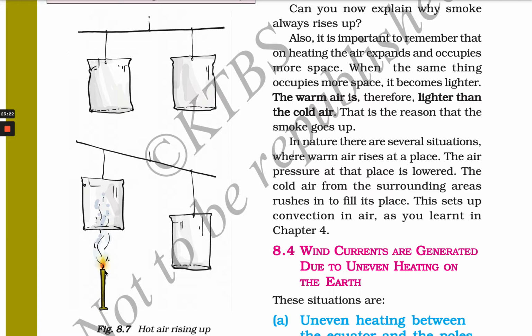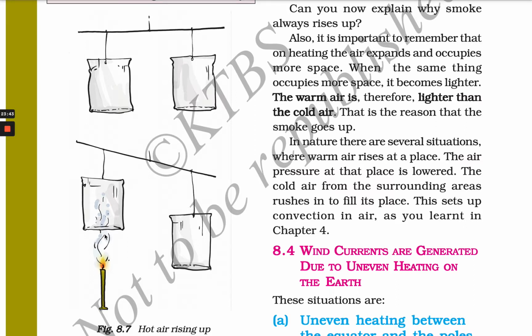So what happens? Immediately the balance that it had is lost, because the plastic bag which was under the flame of the candle moves up.